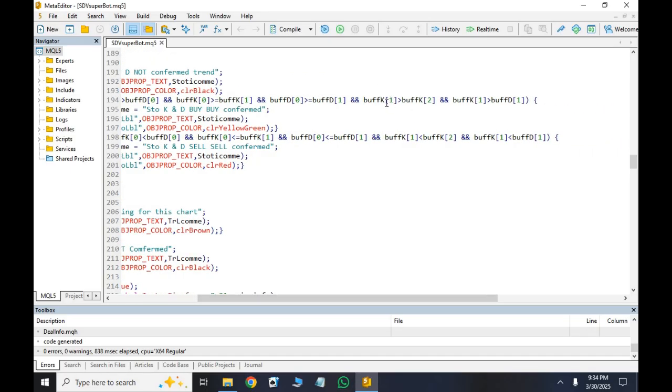Previous candle K value is greater than the candle before it. That means we check 3 candles for K values.